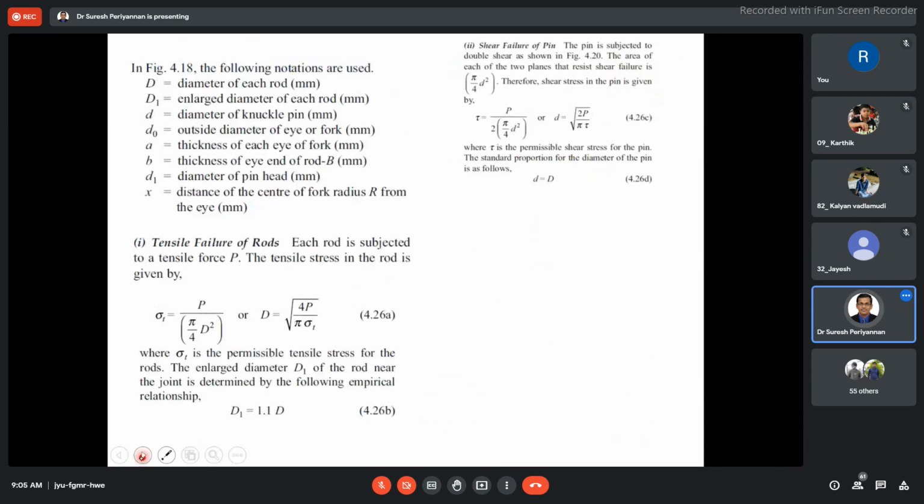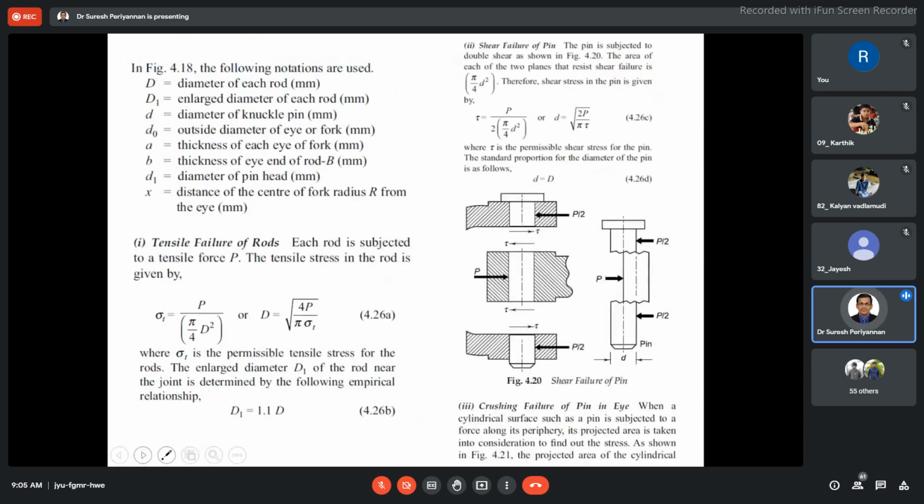Hence, we consider P by 2 into pi by 4 d squared, sorry, P equals 2 into pi by 4 d squared into tau. This is tau. Since we know the given load and the permissible shear stress tau, we are able to find out the diameter of the knuckle pin.